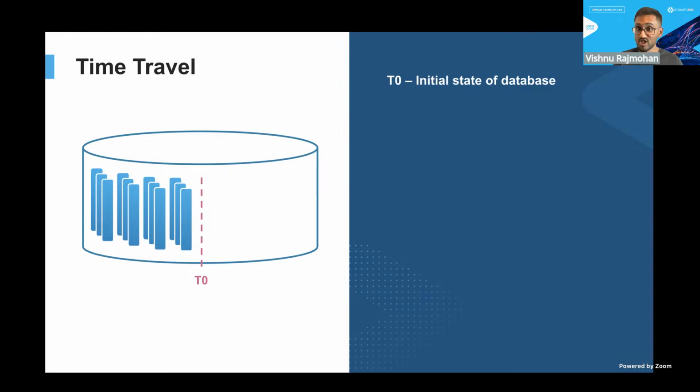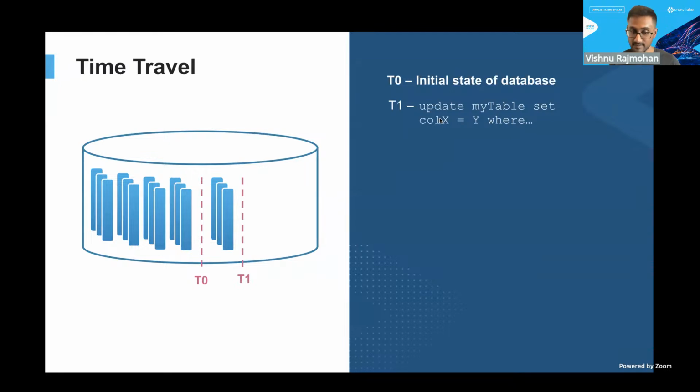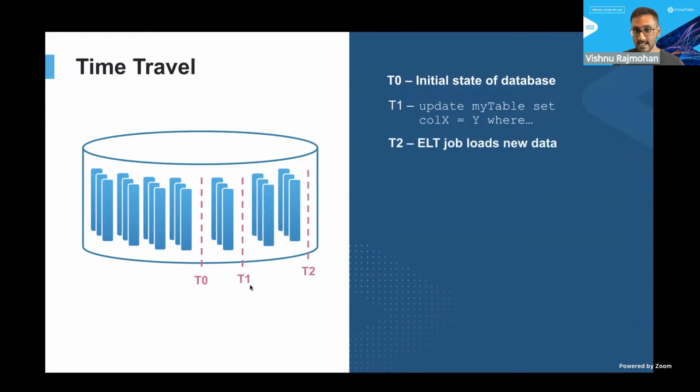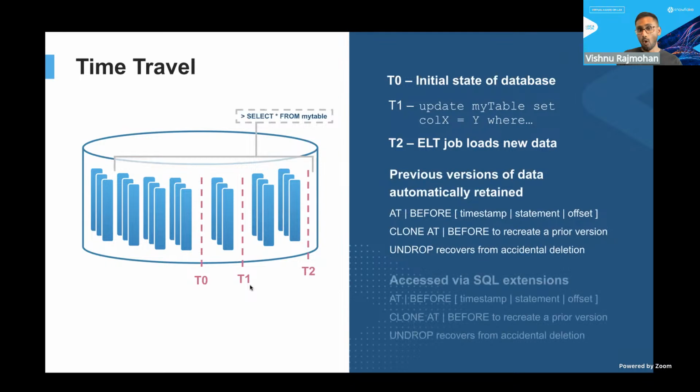And when you make a change, let's say you update your existing table, or you update a column, because micropartitions are immutable, you create another micropartition, and you've got one additional micropartition, let's imagine, at timestamp T1, right? Now, what time travel means is, firstly, before that, we've got other ELT jobs as well that are bringing in more data.